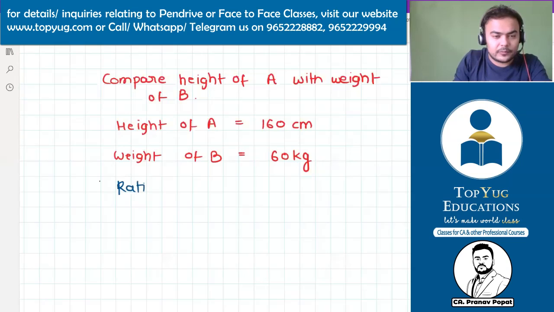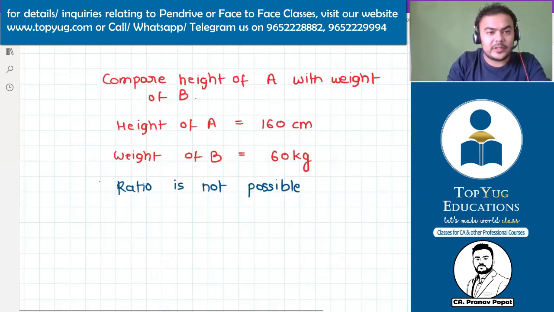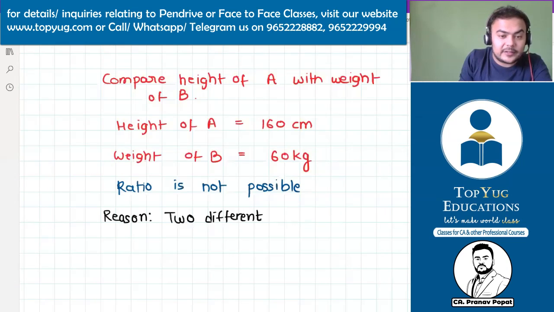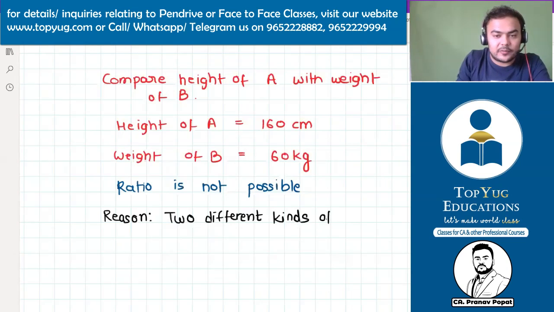Ratio is not possible. And what was the reason? Two different kinds of quantity. I'm not saying unit, different kinds. One was weight, one was height. Two different kinds of quantity.